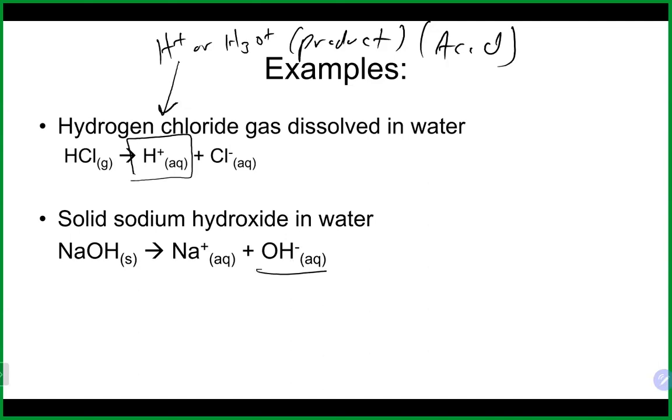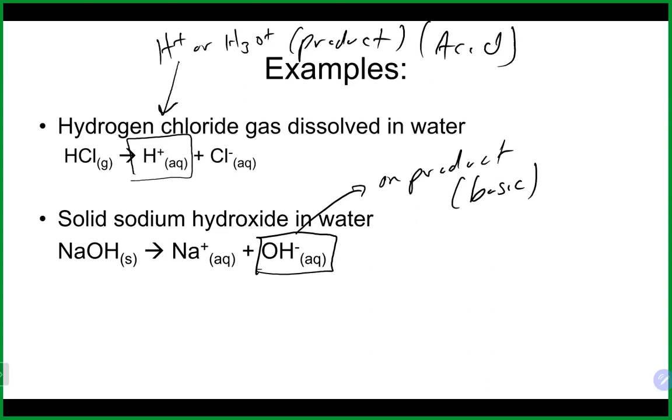If you have something that's more basic, you will see hydroxide on the product side of an equation, and that's more of a basic situation. So if you actually do see some chemical reactions and you see those things, those are big hints as to what you would predict as being acidic or basic. If you see H plus or H3O plus on the product side, it would be acidic. If you see OH minus on the product side, it would be basic in most cases.